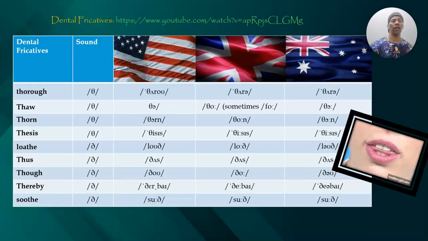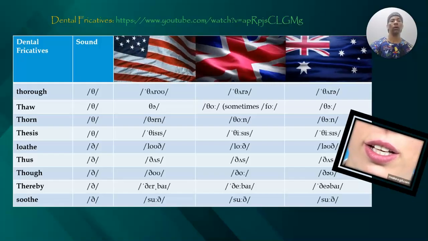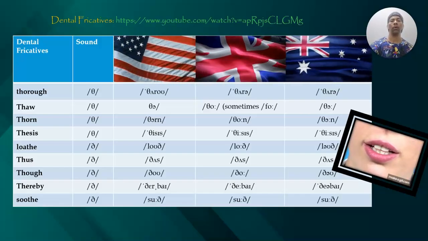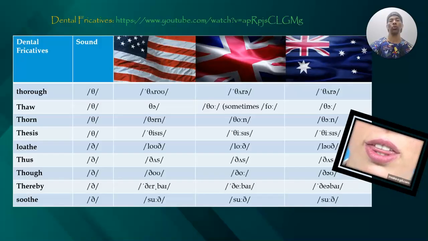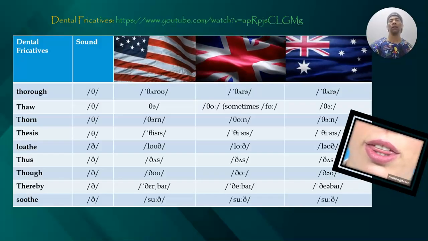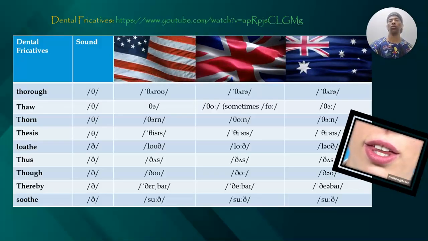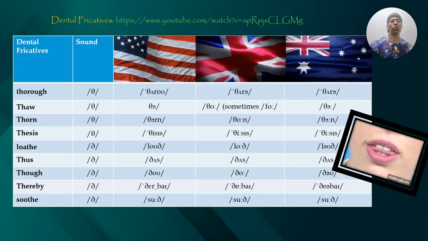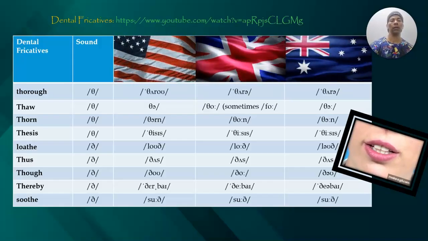In American English, thaw, in British, thaw, or sometimes it could be different. It depends on the dialects. And in Australian English, thaw. Now, thorn.